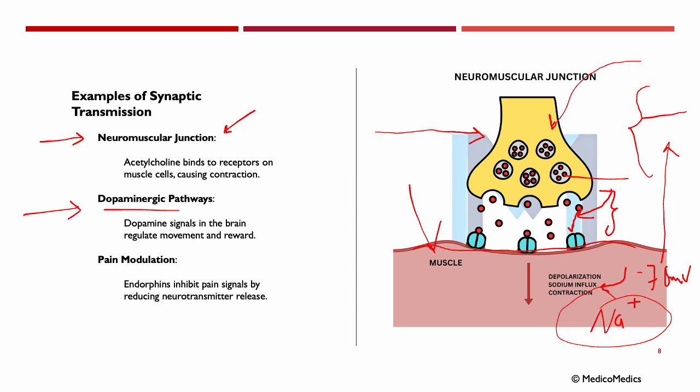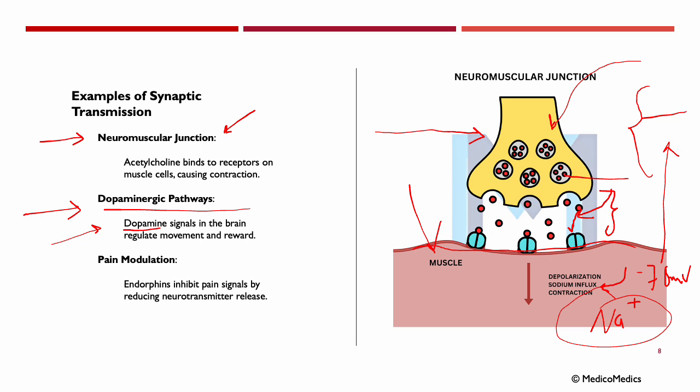Another example is dopaminergic pathways. Dopamine signals in the brain regulate movement and reward. Because dopamine, as we've mentioned, is a key neurotransmitter in the brain, but it's involved in several types of pathways.